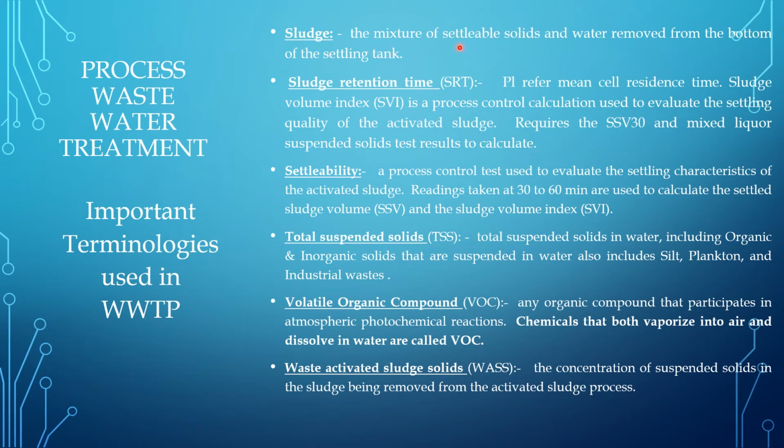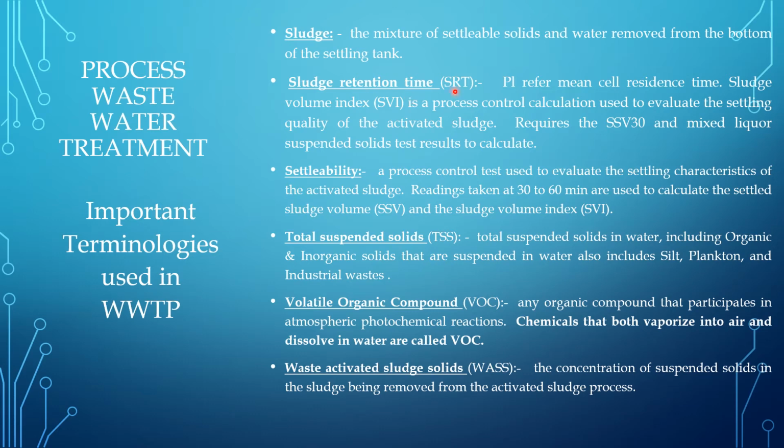Sludge: the mixture of the settleable solids and water removed from the bottom of the settling tank. Normally activated sludge is formed by using aeration to increase the DO, and also chemicals are added to form the activated sludge in the wastewater aeration tank.